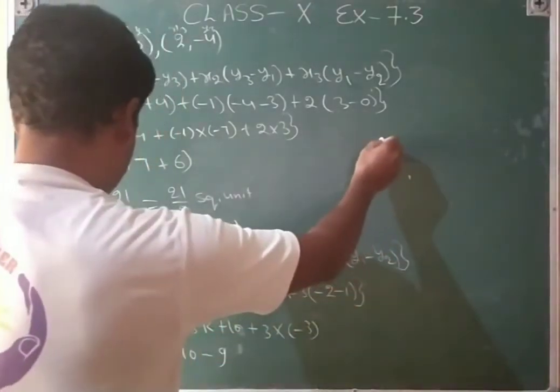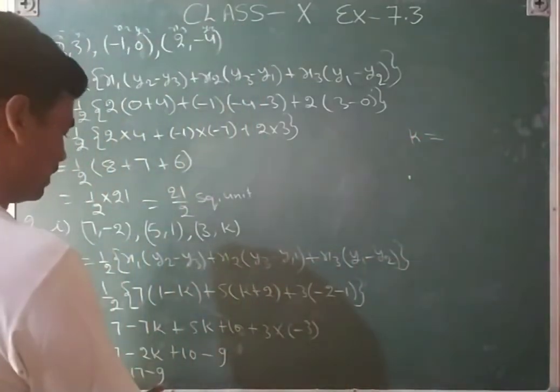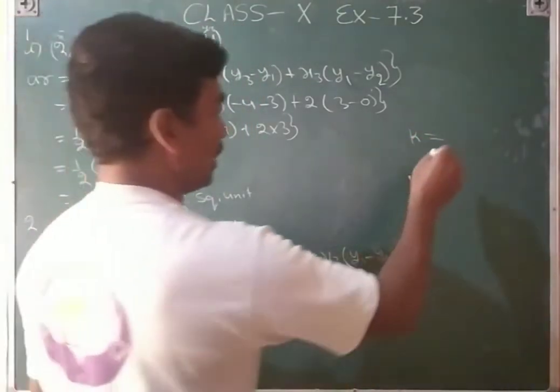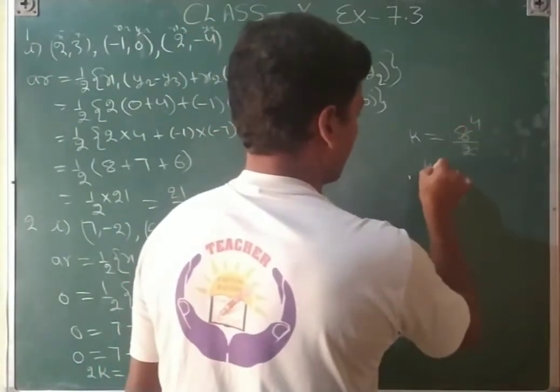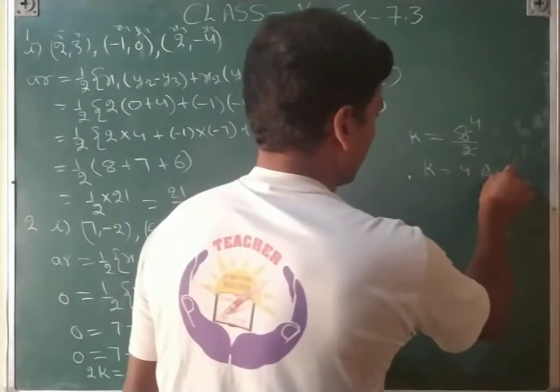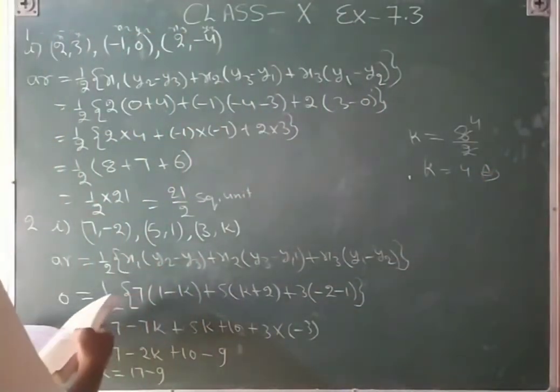Then k is equal to 17 less 9, that will be 8, upon 2, 2 fours are 8. So k is equal to 4. This is the answer. Similarly you will do the other part.